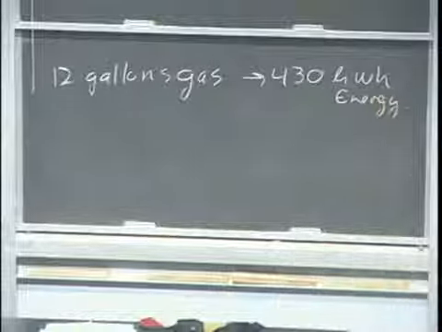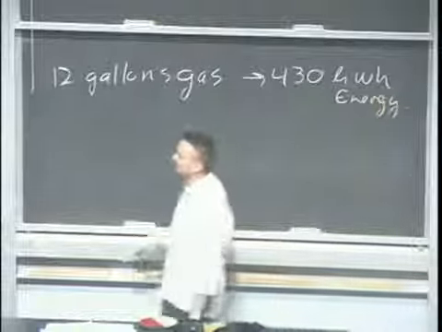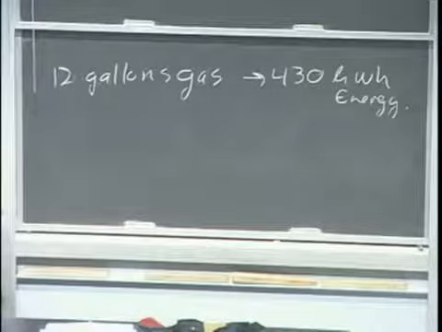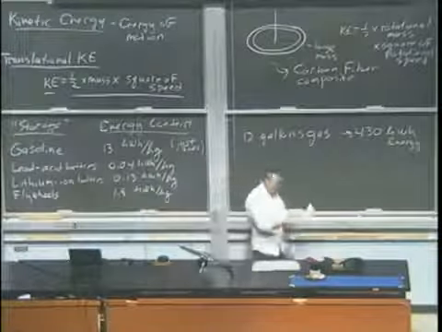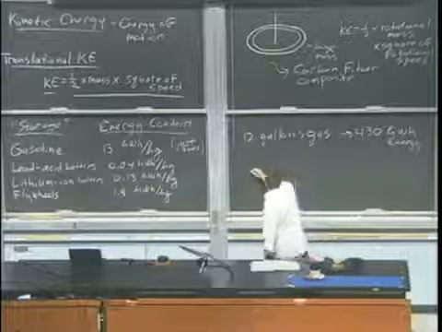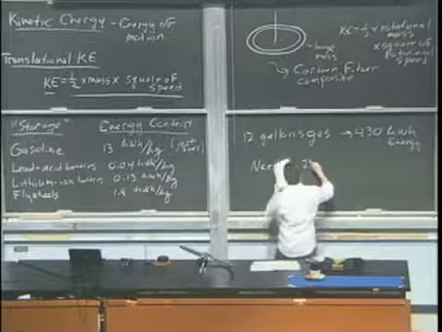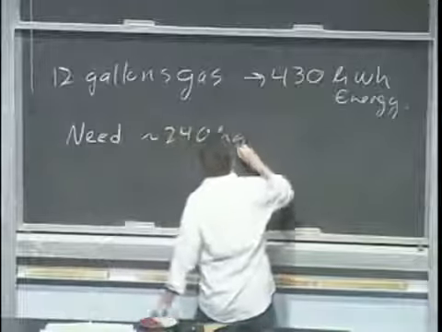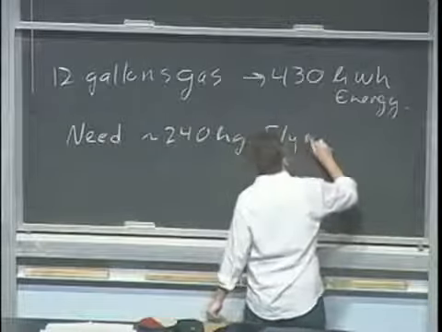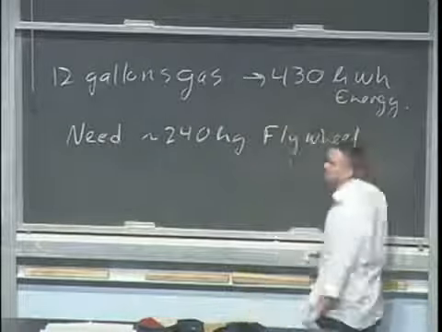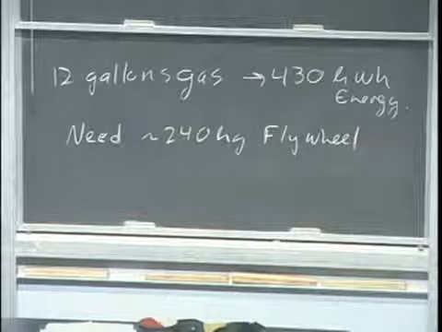Okay, so for comparison, if we had a really advanced flywheel that could hold this much density, we would need a flywheel of about 240 kilograms to store that energy in a car.